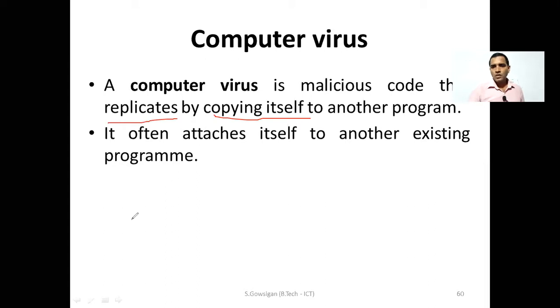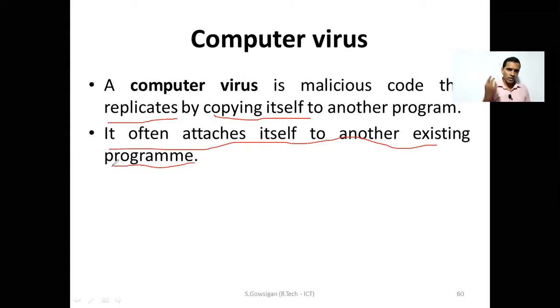It often attaches itself to another existing program. So when someone asks about virus, make sure you give these 2 points. What are the 2 points to be remembered? Replication, right? It has the ability to replicate itself. That is the first point. And it doesn't have the ability to survive alone. Definitely it needs some other program to survive or to stay.